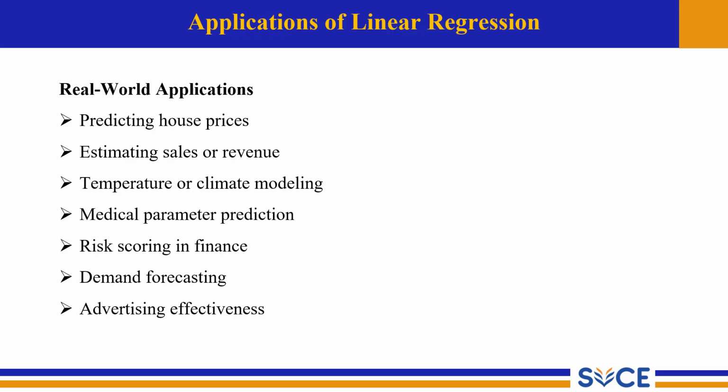Finally, in marketing, it helps to measure advertising effectiveness by quantifying how different factors influence customer response or sales. Overall, linear regression is versatile, interpretable, and provides actionable insights in almost any domain where relationships between variables need to be understood or predicted.